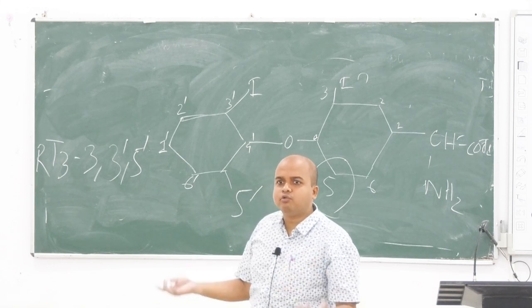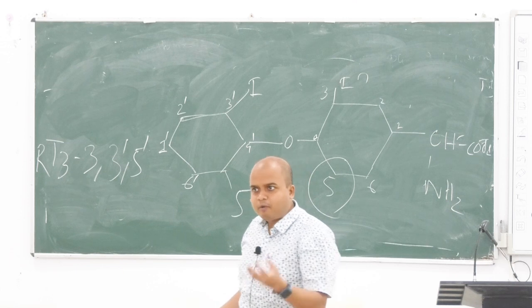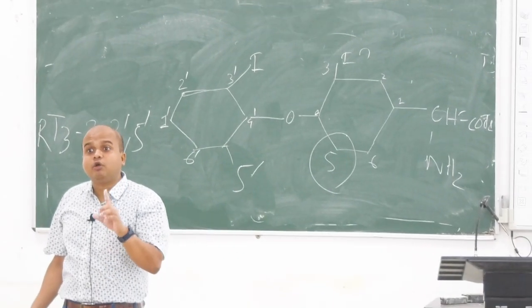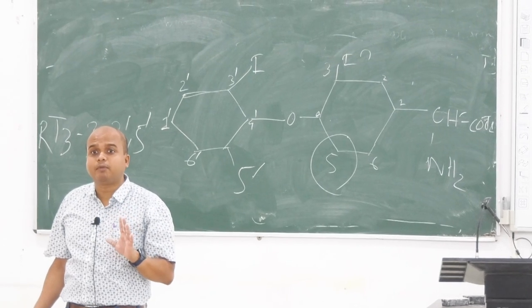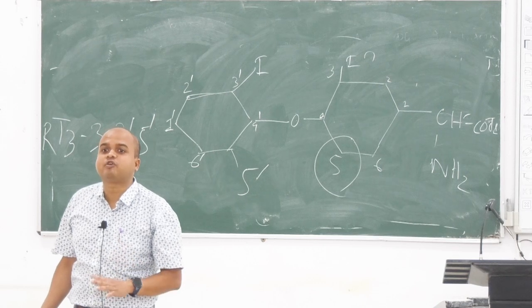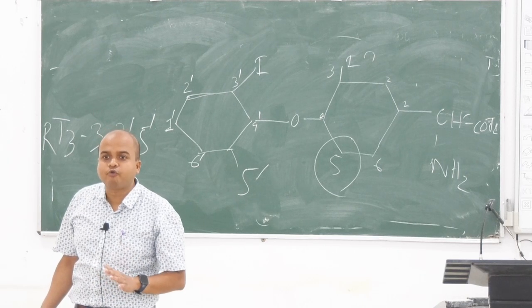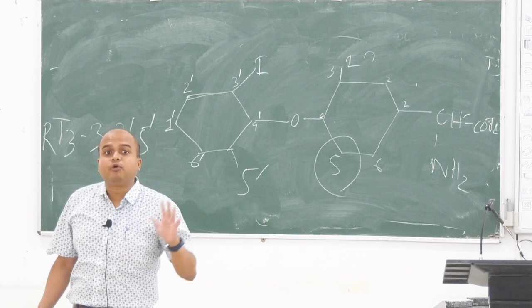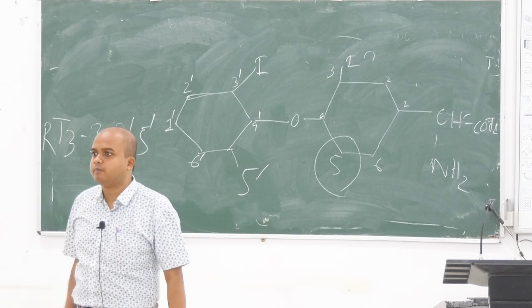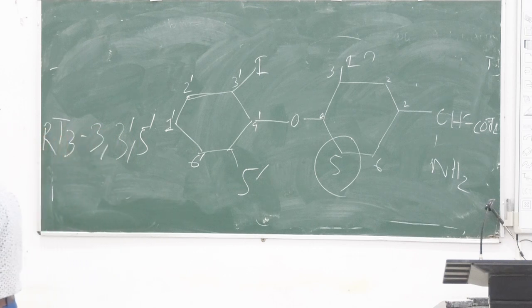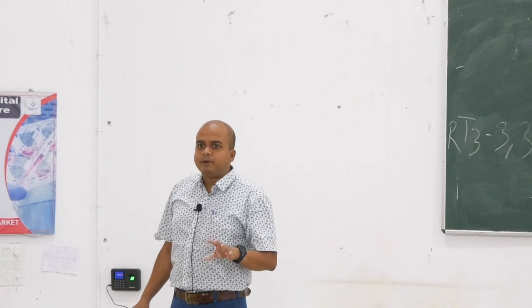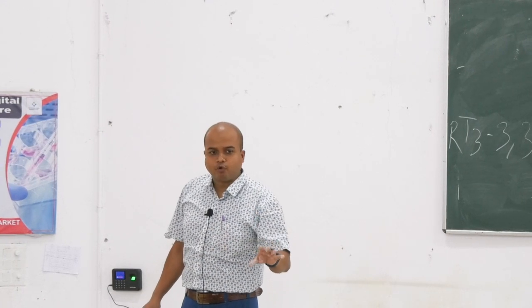So mostly produced is T4, some of it is T3, and the hormone which is producing most of the physiological effects of thyroid hormones is T3. But the one most abundant, in terms of how much it is contained in the plasma in the circulation, is T4.